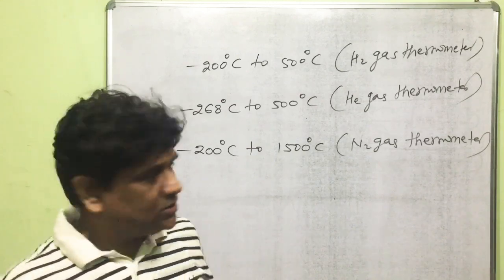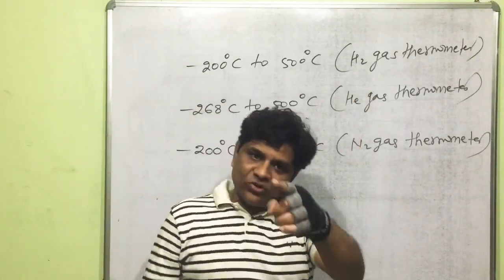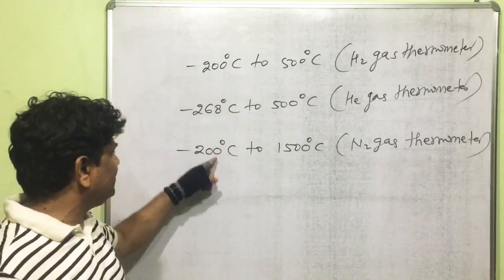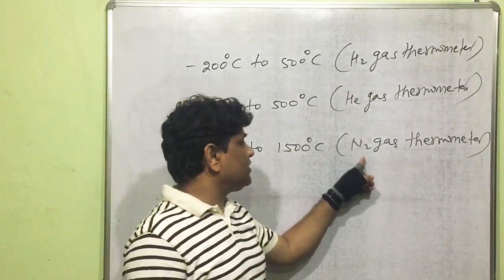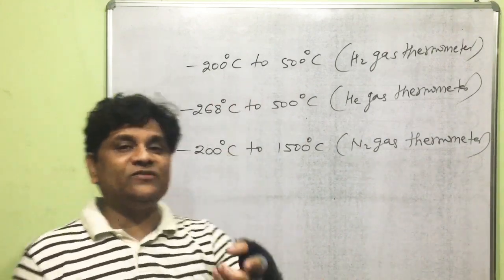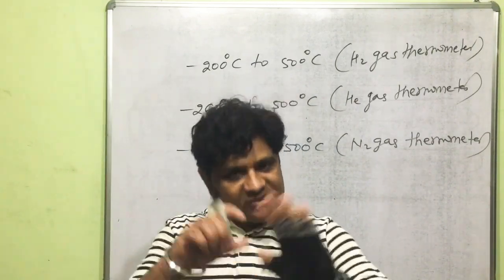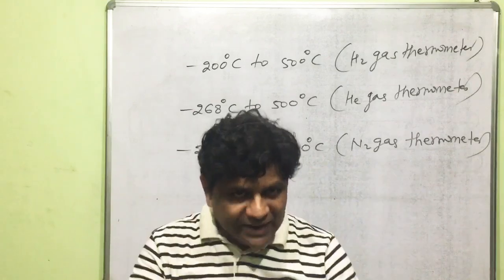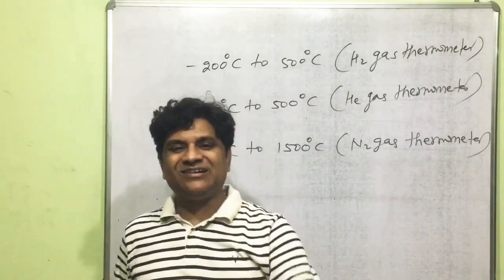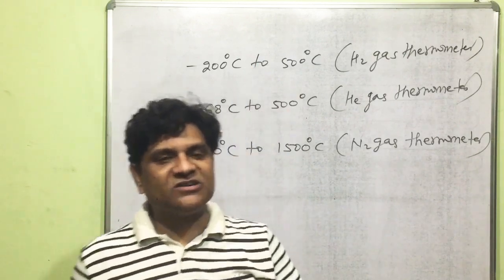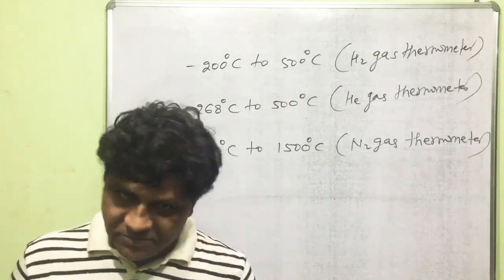Now next question. Why can hydrogen and nitrogen not measure the temperature below minus 200 degrees Celsius? The simple reason is that below minus 200 degrees Celsius, hydrogen and nitrogen both start to liquefy.